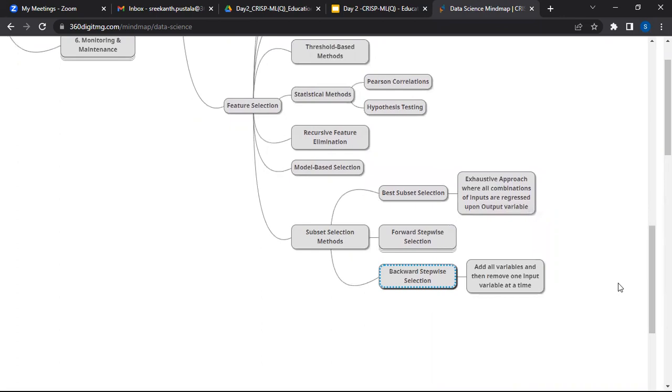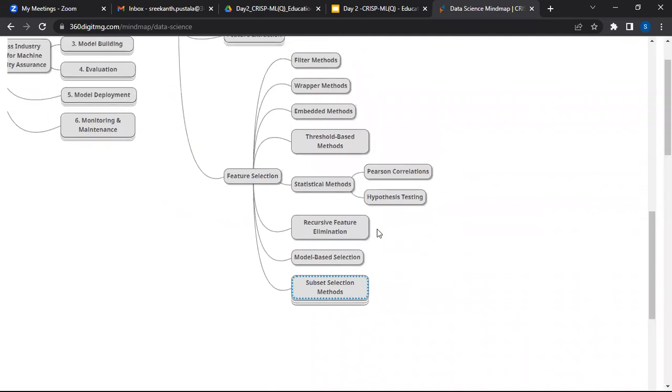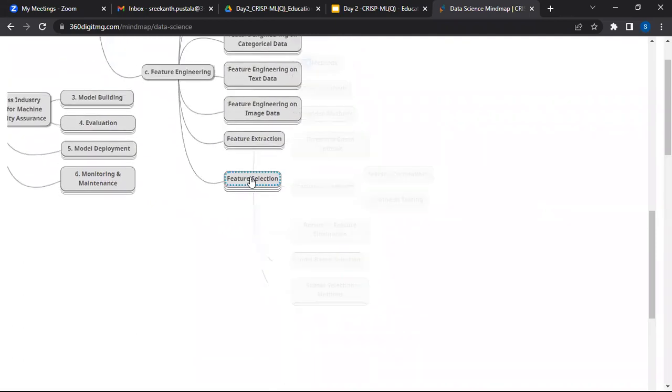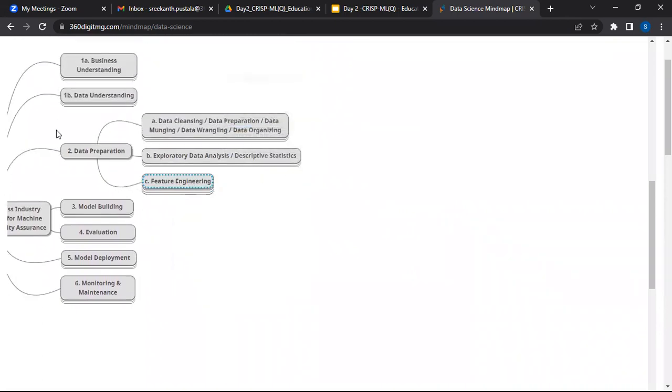We have backward stepwise selection: add all variables and then remove one input variable at a time. So these are certain subset selection methods that we have, and these are feature selection methods. These are all part of feature engineering methods, and these are part of data preparation.